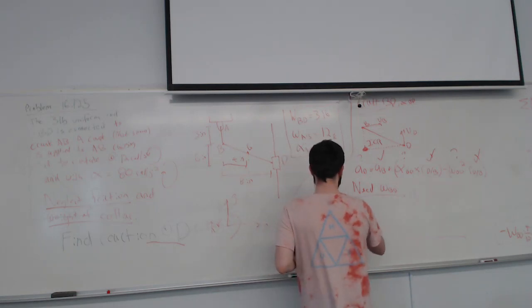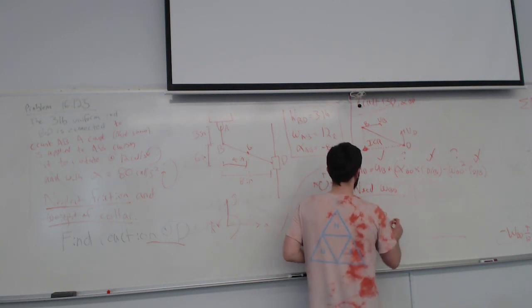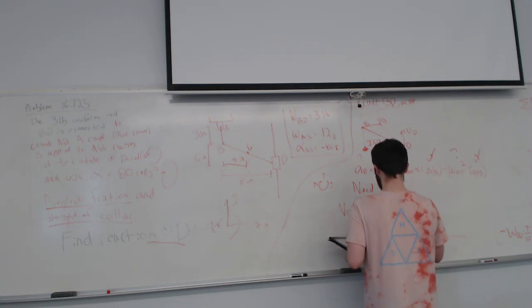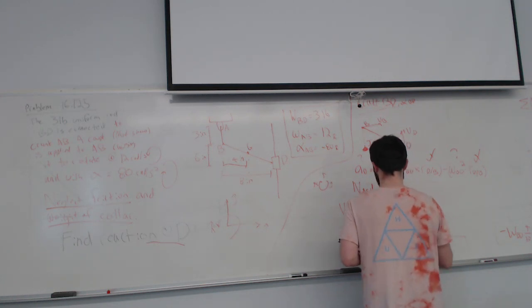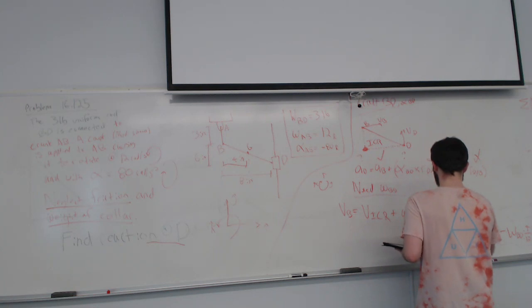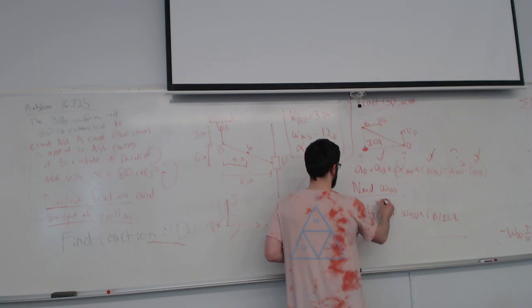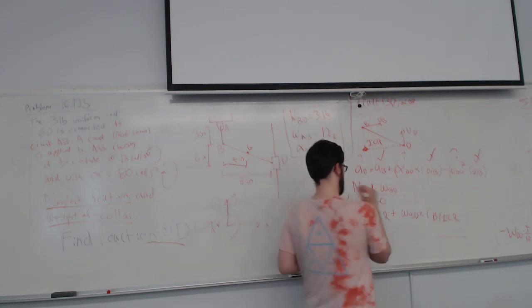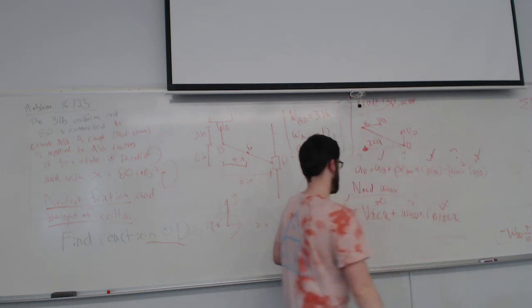So specifically, VB equals the velocity of the ICR, which is always 0, plus the base equation, omega BD crossed with R, B with respect to the ICR. I know VB, I found that earlier. Omega BD is what I'm trying to find in the first place. And I can definitely get the position vector.